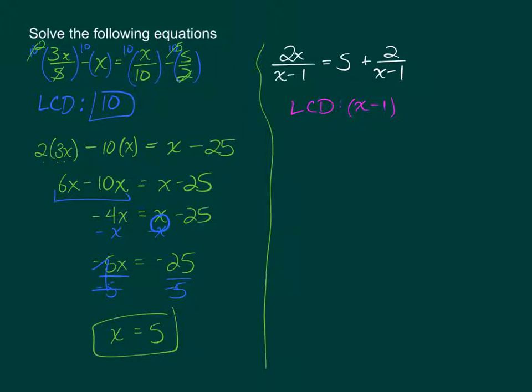So great, we found an LCD. Now what? Well, before I get into multiplying each term by the LCD, I want you to notice that there are variables in the denominator. That's what makes this entire equation different than all of the other equations you've seen in this video. This is what we would call a rational equation.